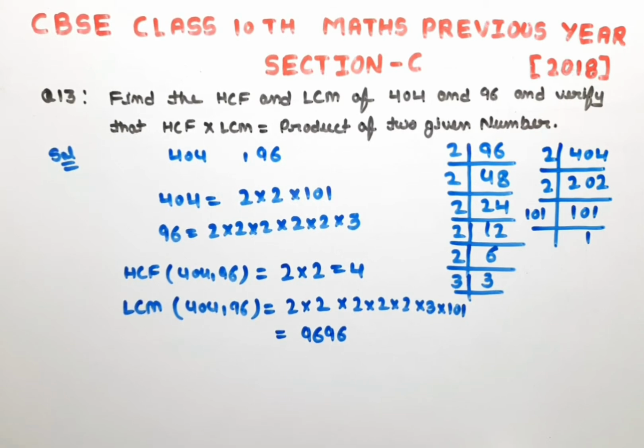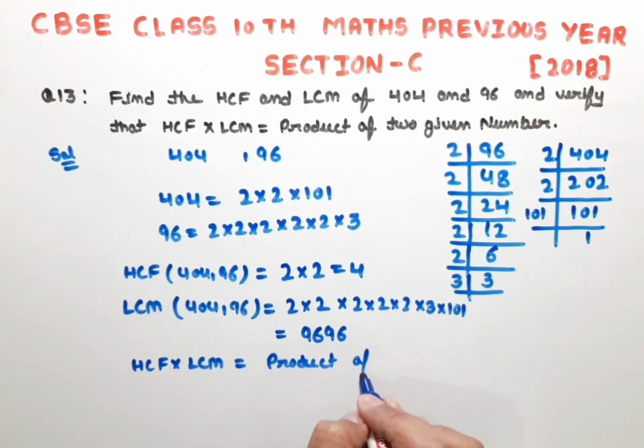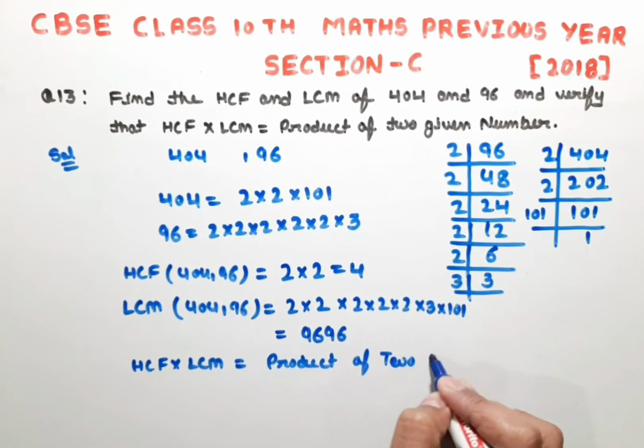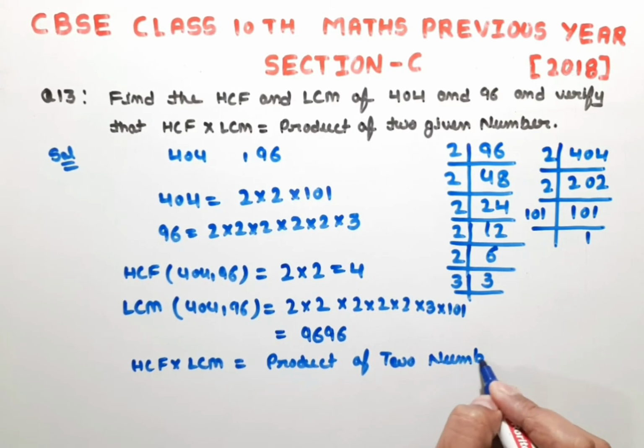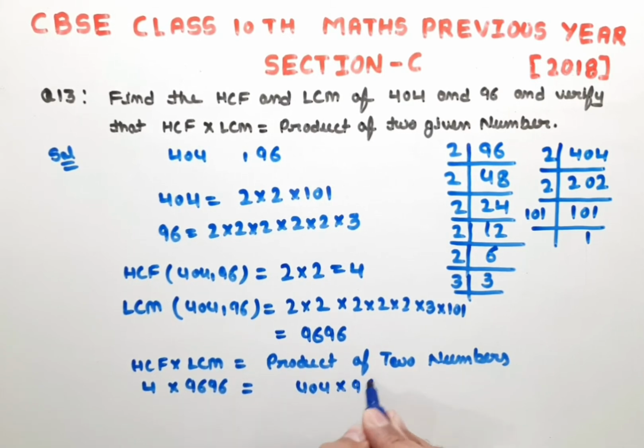So now we will verify the relation HCF into LCM equals the product of the two numbers. So our HCF is 4, LCM is 9696, and the two numbers are 404 and 96.